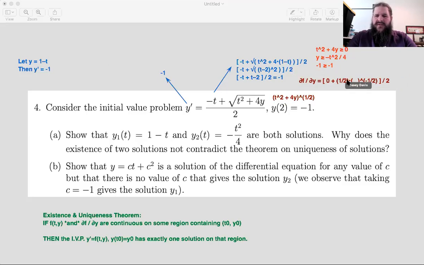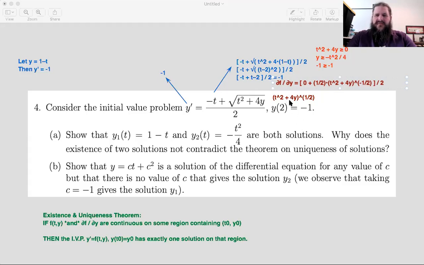Now let's take a look at what's actually inside. What's inside is that t squared plus 4y. And now, as you mentioned, we have to use the chain rule as well, because the derivative of what's inside is not just y. So what is the derivative of what's inside with respect to y?